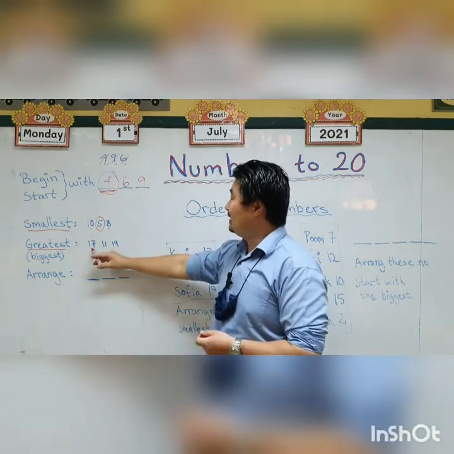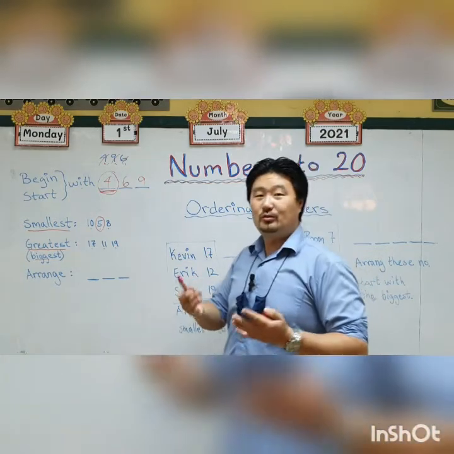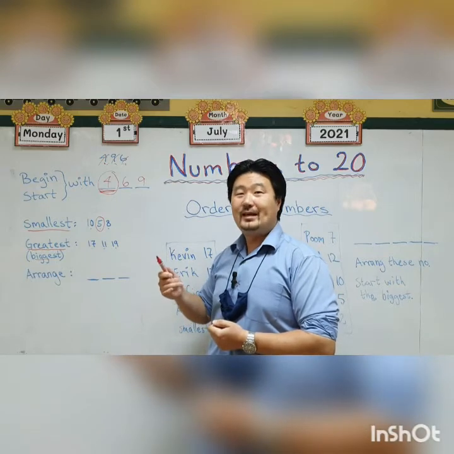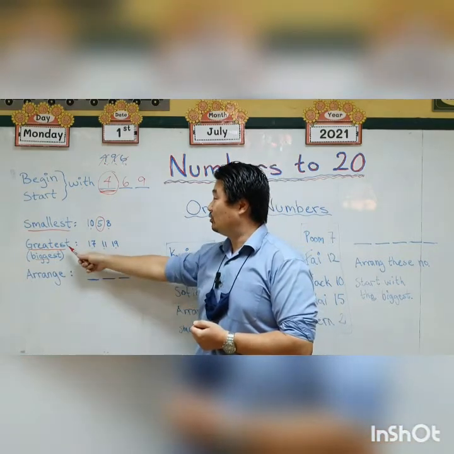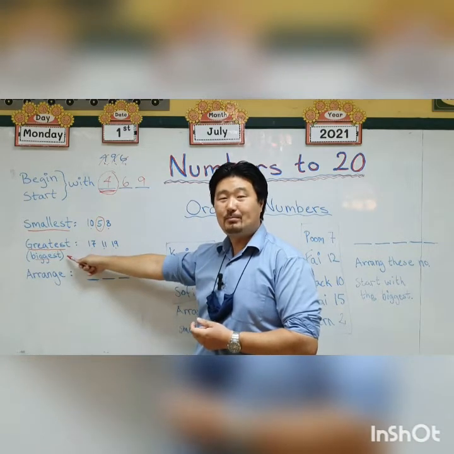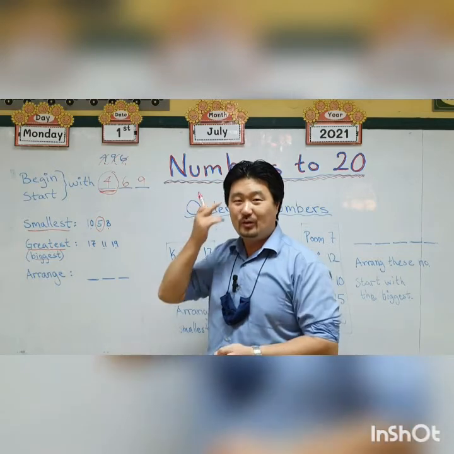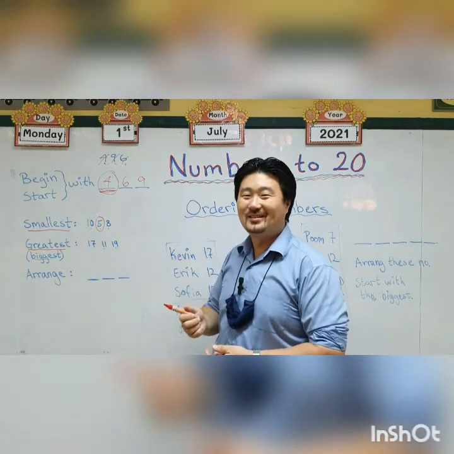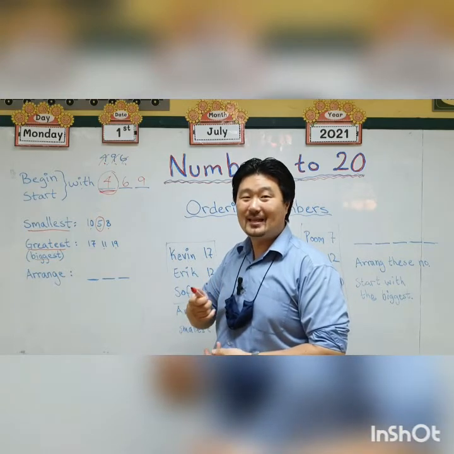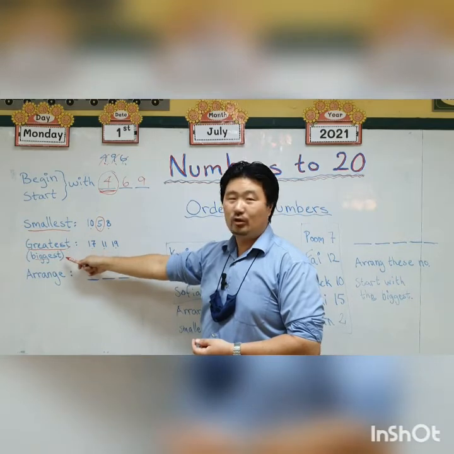So, which is the biggest or the greatest number here? Just to make it easier for you to understand, sometimes I will say greatest, sometimes I will say biggest, sometimes I will say both, just so that you will remember both words. But if you have a maths test, then they will use the word greatest, not biggest.